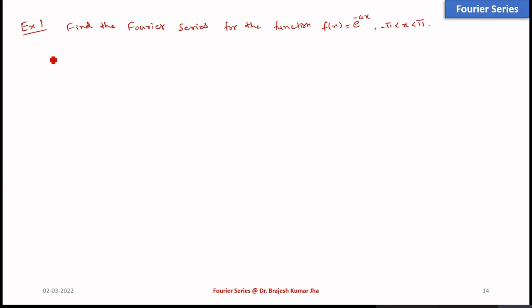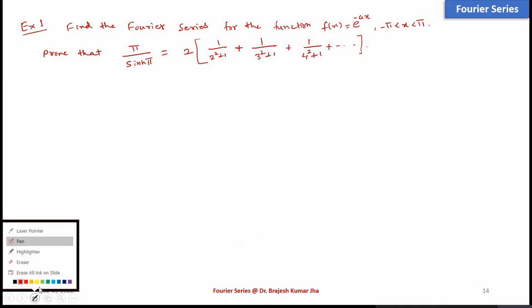Also prove that pi upon sinh, let me check the question, it is 1 upon 2 square plus 1 plus 1 upon 3 square plus 1 plus 1 upon 4 square plus 1 and so on. So this is the question.